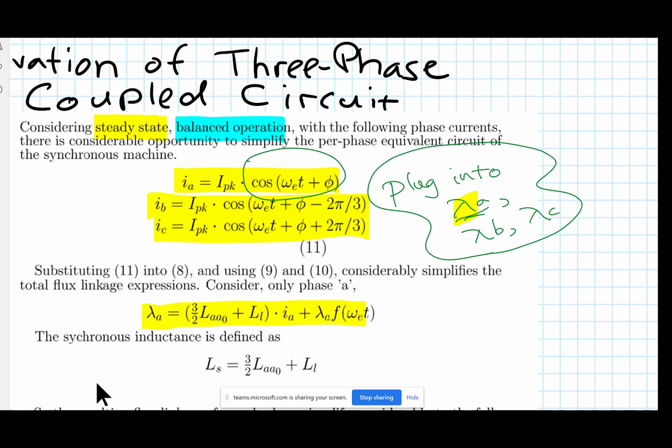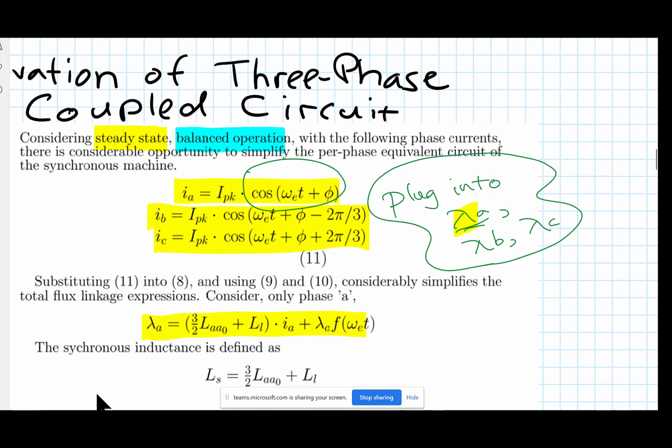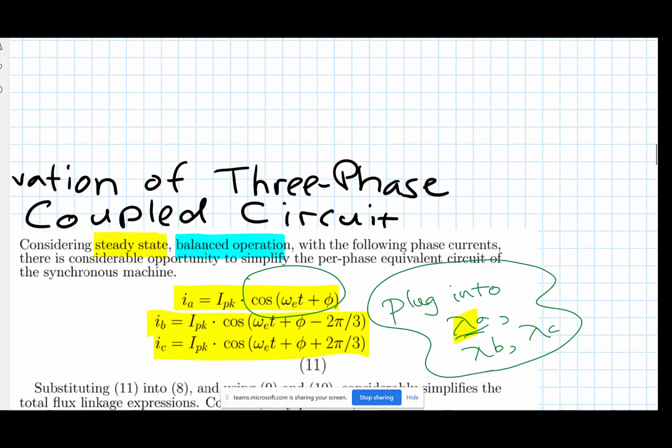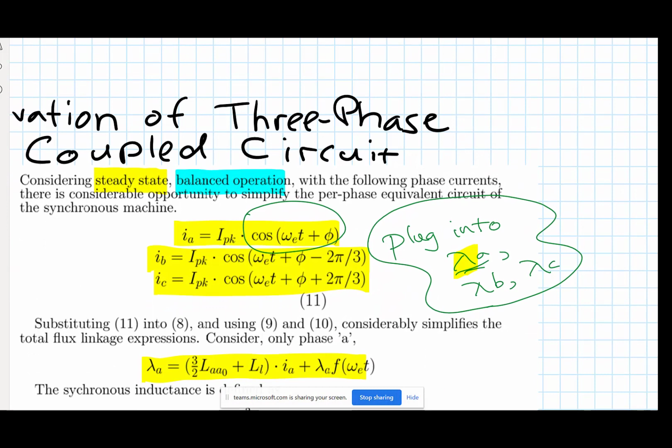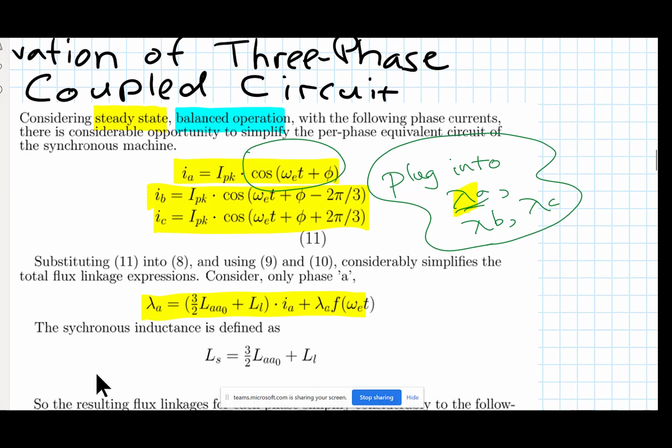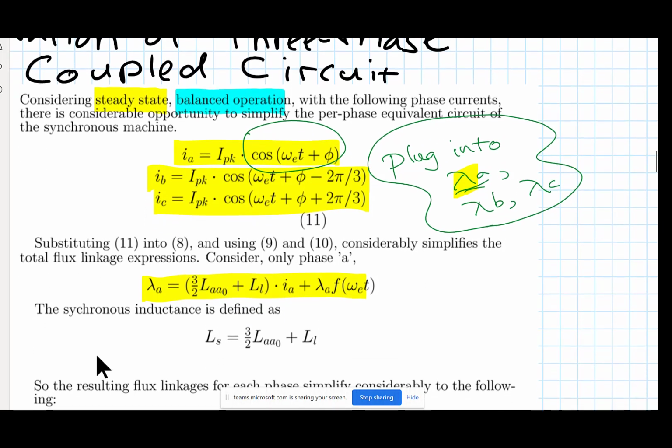I'm not going through all this math here because it would take the whole period. It's just a bunch of trig.